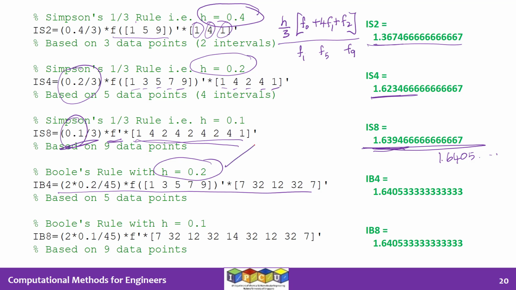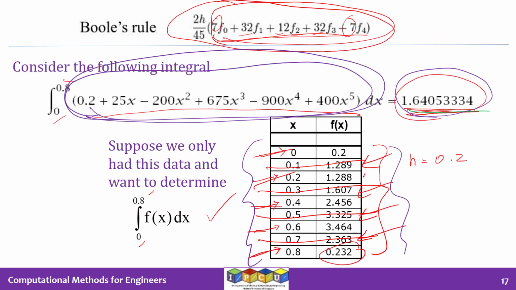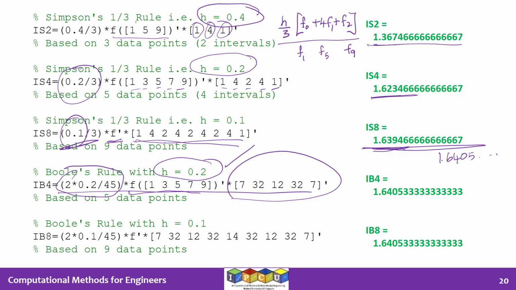So h is equal to 0.2. So 2 times h by 45, the 5 f values, and these are the weights: 7, 32, 12, 32, 7. What you see right here, 7, 32, 12, 32, 7. So with that, you get this to be the answer.